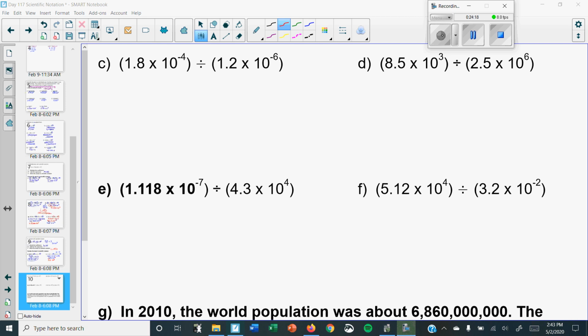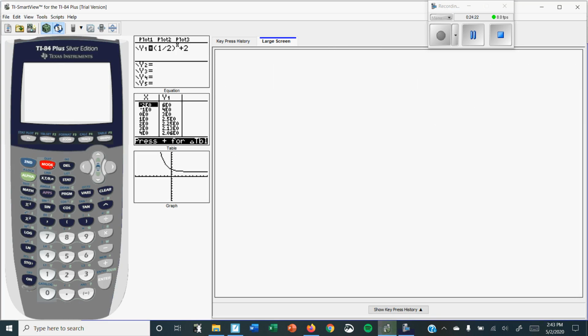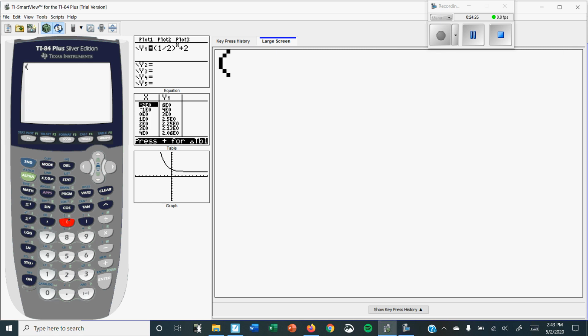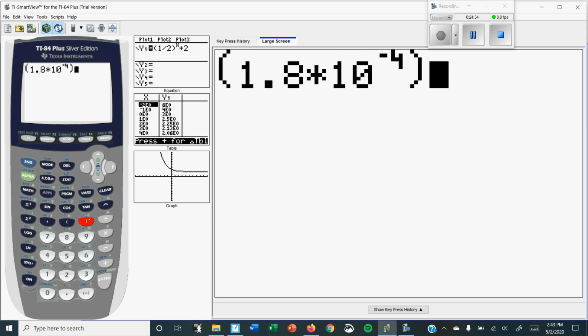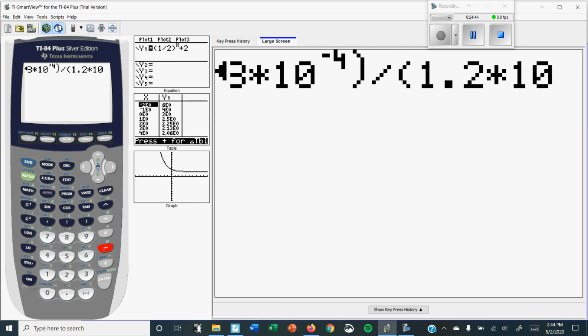So, okay, fire up the calculator. Again, am I in scientific mode? Yes, so I'm ready to do this. Just type in the question. 1.8 times 10 to the negative 4. Move down so the parentheses are down. Then we're dividing now. So divide, parentheses, 1.2 times 10 to the negative 6.